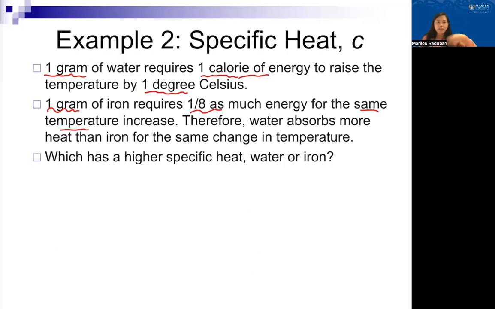Okay, so the higher the specific heat capacity, the more difficult it is to change that material's temperature, and therefore if you want to change the temperature by a certain amount, you need to put in more energy. So you're right, water has a higher specific heat capacity compared to iron.